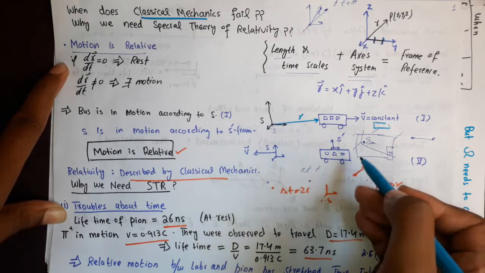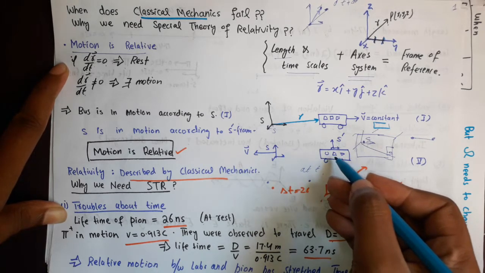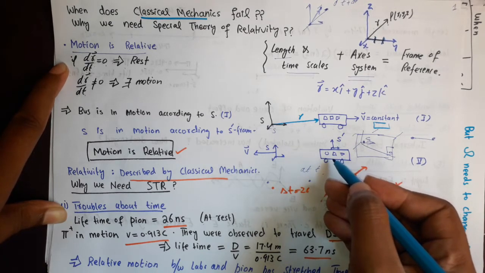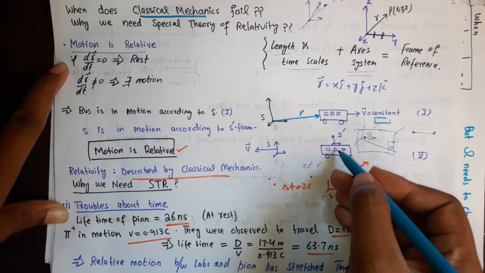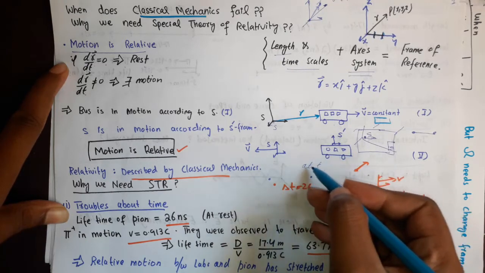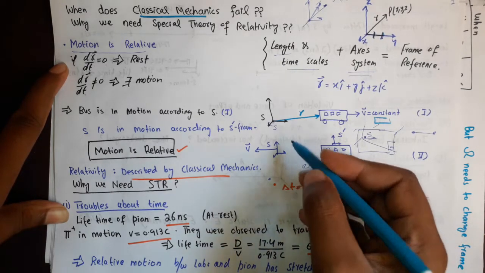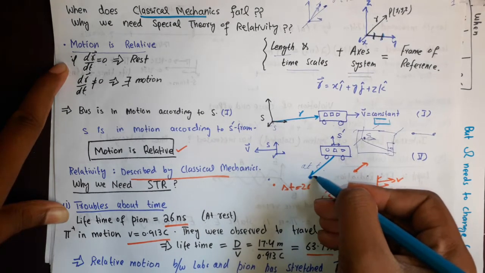But if we define our frame of reference on the bus, let's say there is a passenger within the bus, and now this is our frame of reference. According to this observer, at a particular time, the observer who was standing at the bus stop can define a position vector here.